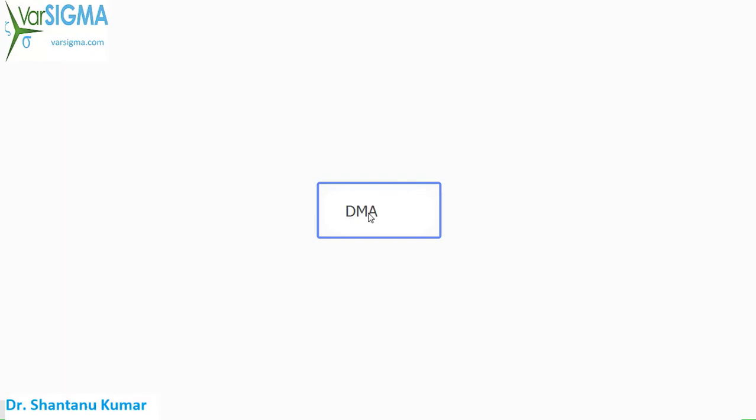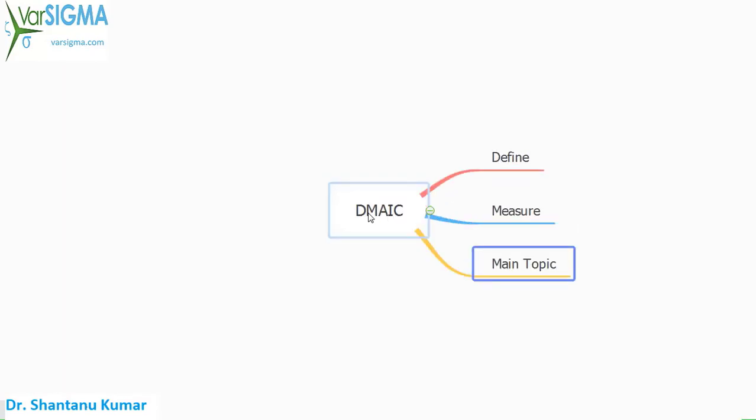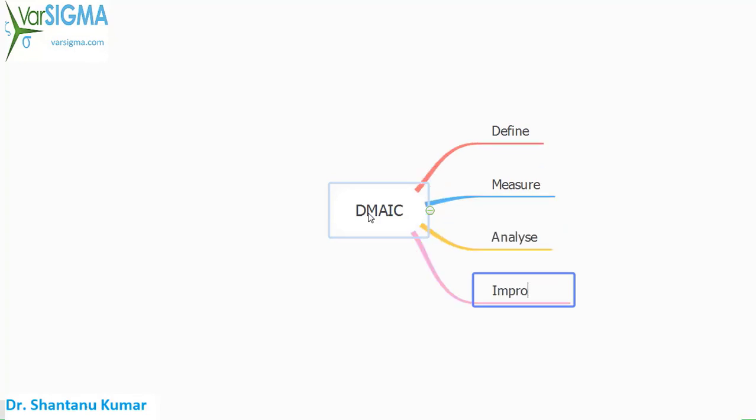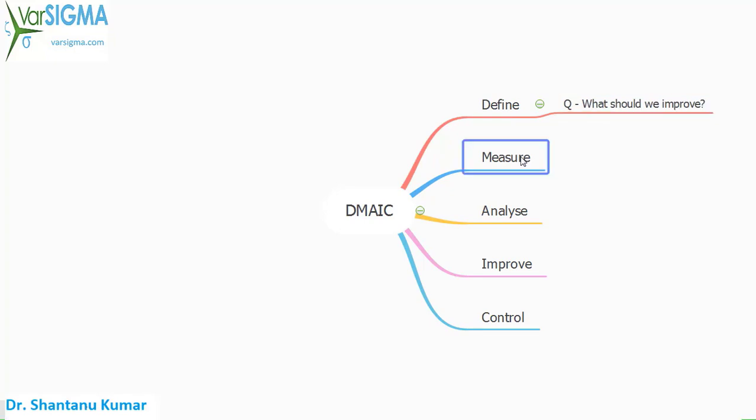DMAIC: define, measure, analyze, improve, and control. The question that we ask in define phase is, what should we improve? The question for measure phase, what is our current performance and gap?